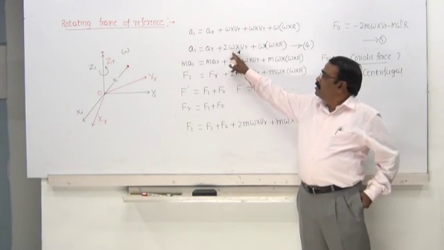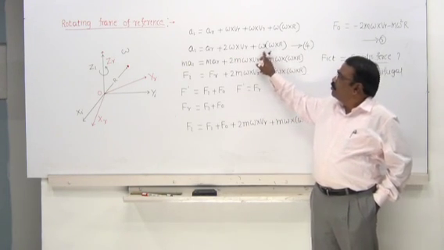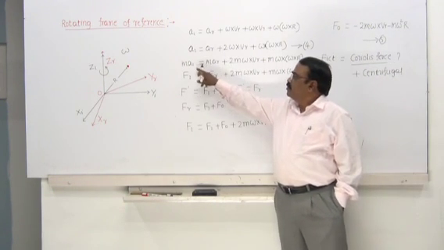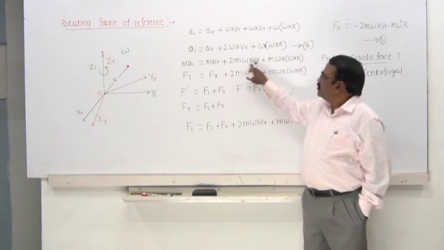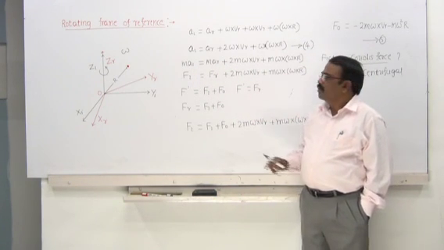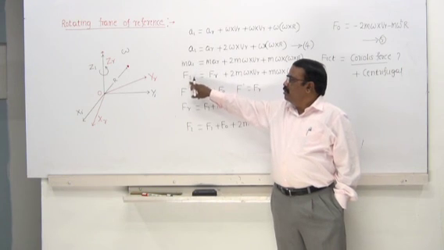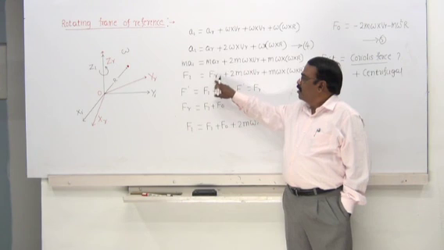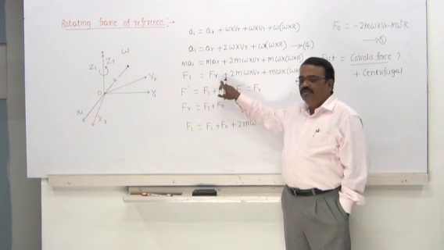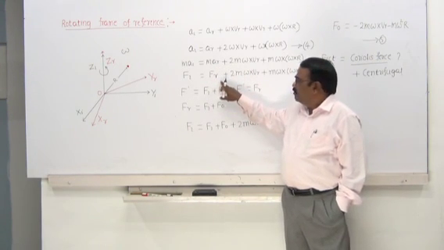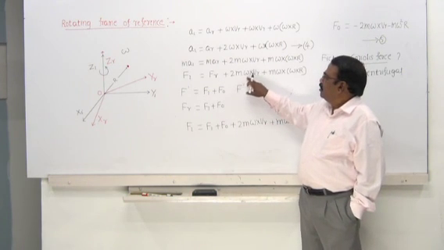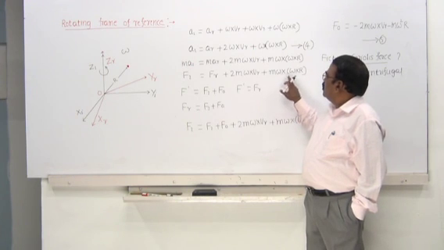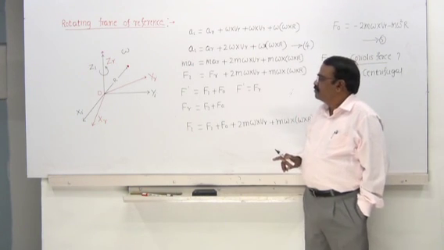Then if you multiply this equation throughout by the mass of the particle, the corresponding force is given by this equation: m AI is force in the inertial frame of reference, m AR is force in the rotating frame of reference, plus 2m omega into VR plus m omega into omega R.